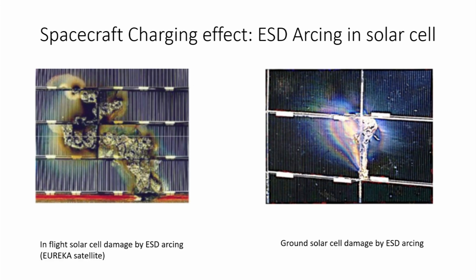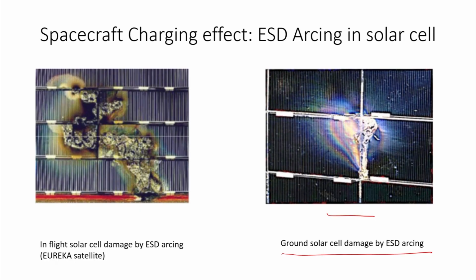And this is the other one on the right-hand side. This picture shows a test. Generally, whenever you are making these subsystems, maybe for the first time, without space heritage, you need to do all sorts of testing. During the testing, it shows ESD arcing.